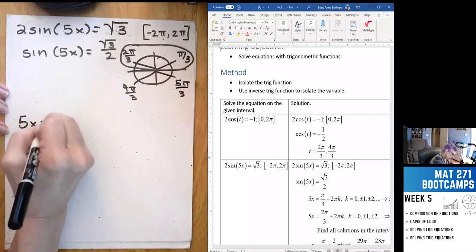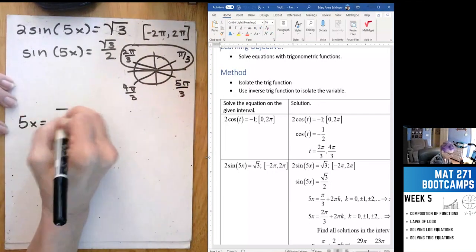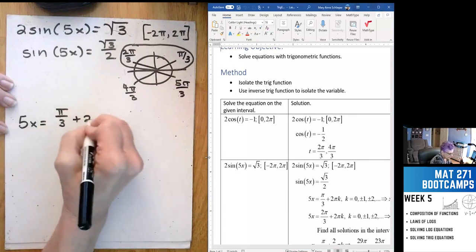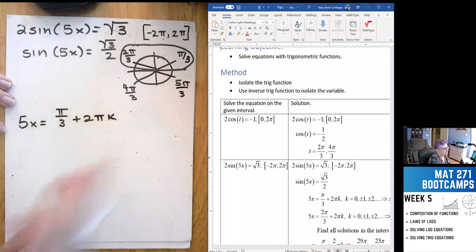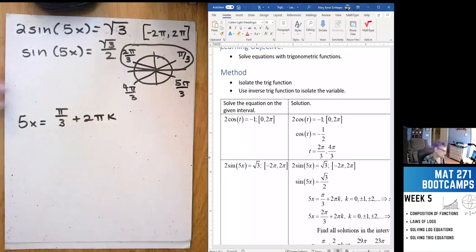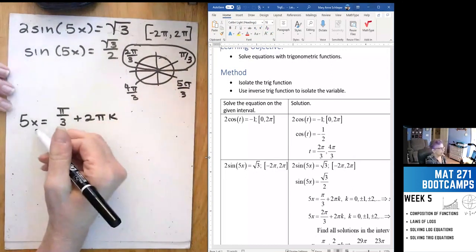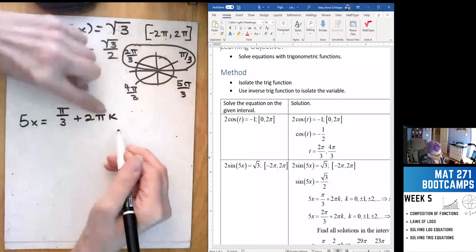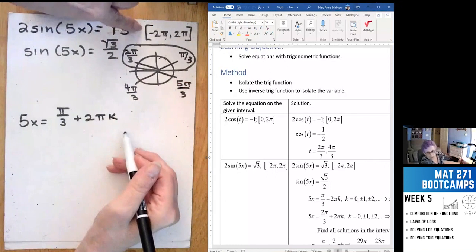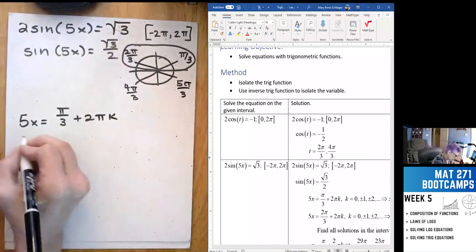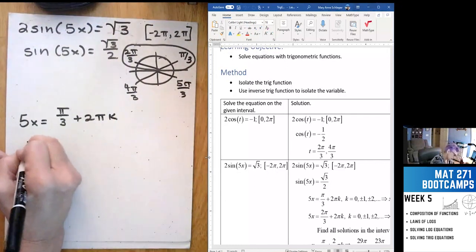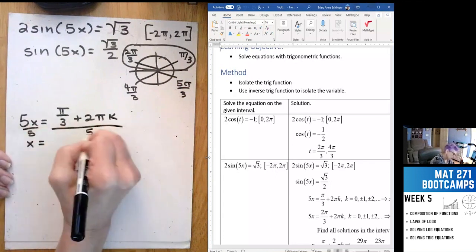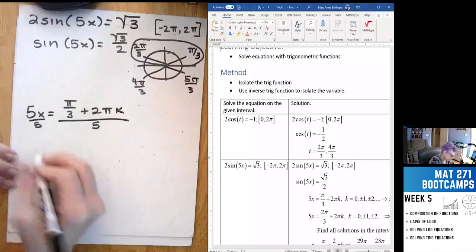So 5x is equal to, let's start with just pi over 3 plus 2 pi k. But I don't want to know what 5x is. I want to know what x is, and I can't have a k because I'm given an interval over which I want the answers. So I divide this whole thing by 5.